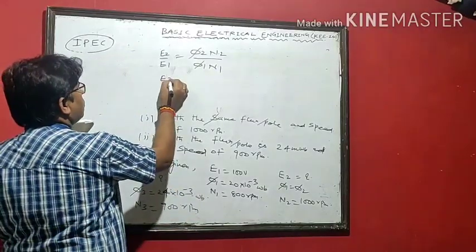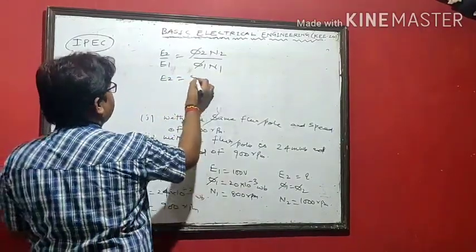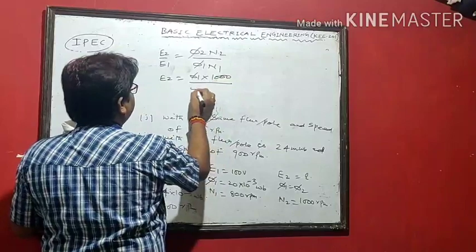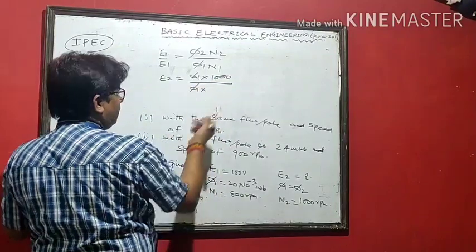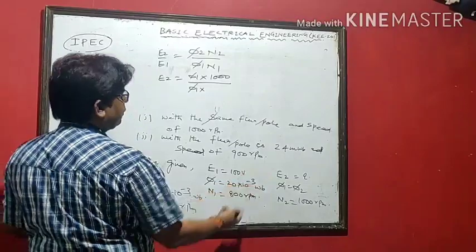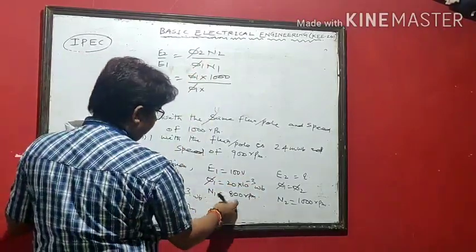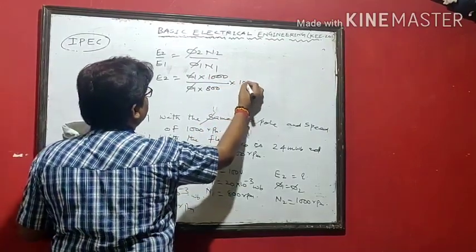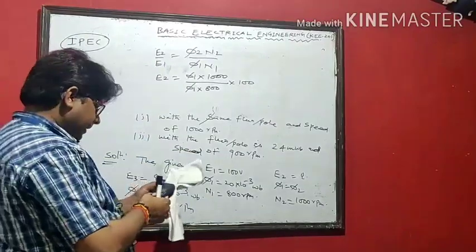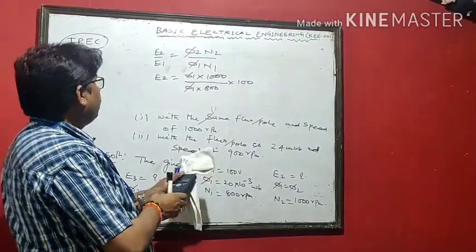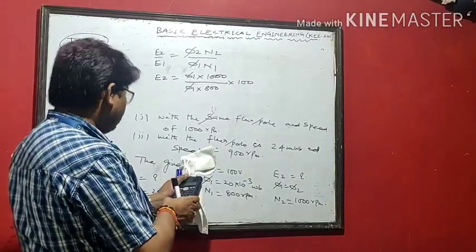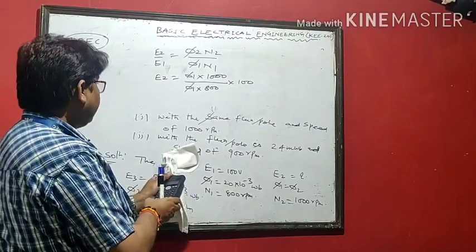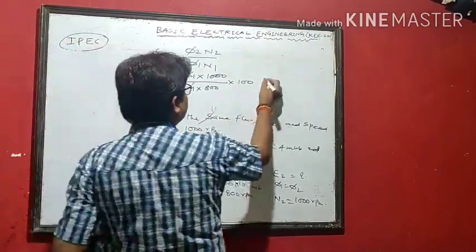Here E2 equals phi1, N2 that is 1000, and phi1 cancelled, and N1 is 800, into E1 that is 100. So 1000 into 100 divided by 800, that is 125.